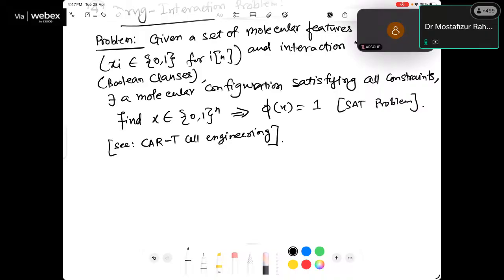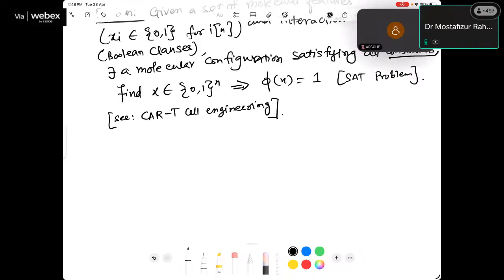So there might be certain constraints which are feasible, or interacting drugs which are not. So you make a rule, you make certain clusters, and you prepare a logic between the clusters as AND logic, for example, class A candidates AND class B candidates AND class C candidates, and finally you come up with A1, B2, and C3. This is a combination, for example, and it is giving a solution, like a SAT problem.